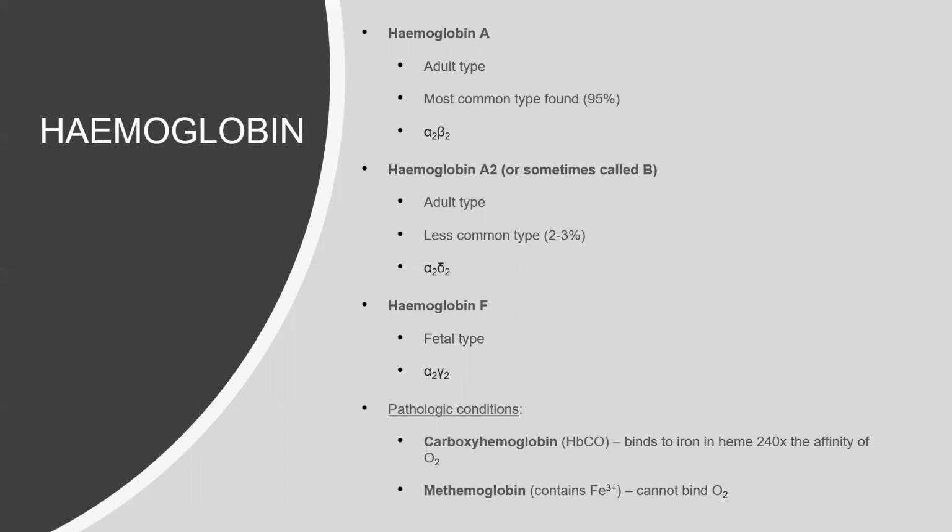The most common type found in adults is hemoglobin A. It's 95% of all hemoglobin. Recall I told you that all hemoglobin molecules are made up of 4 chains in 2 pairs. So here we have 2 alpha chains and 2 beta chains, right? So in general, 4 chains in 2 pairs.